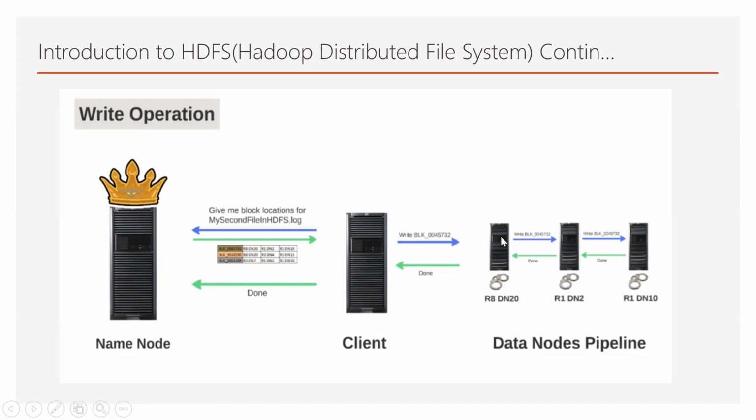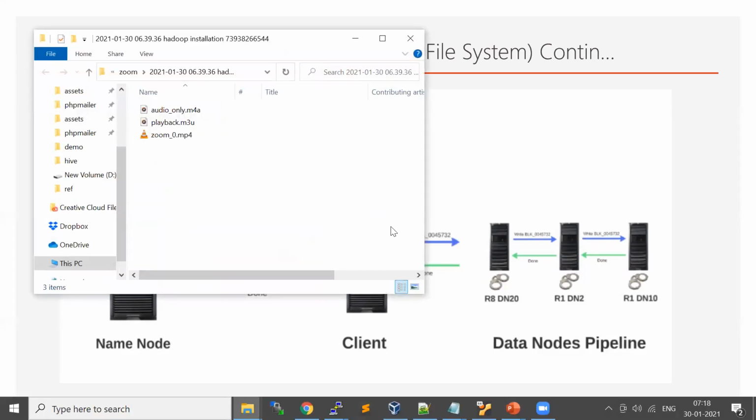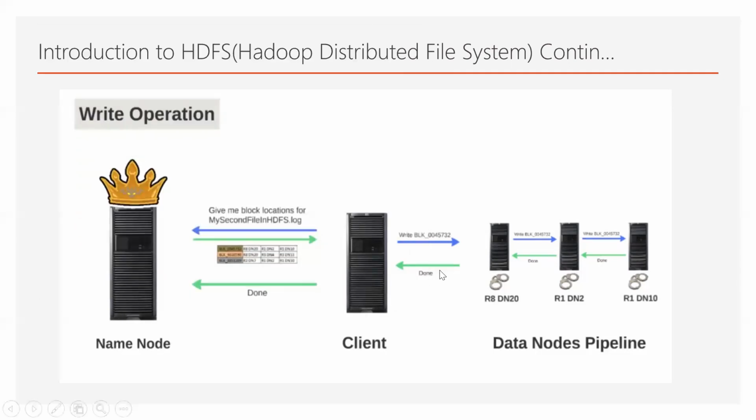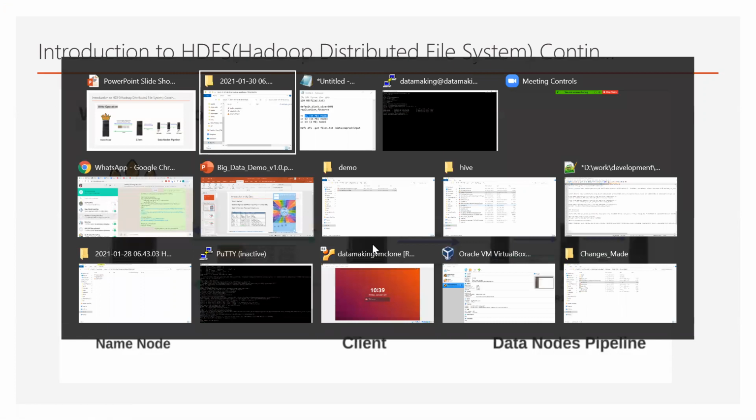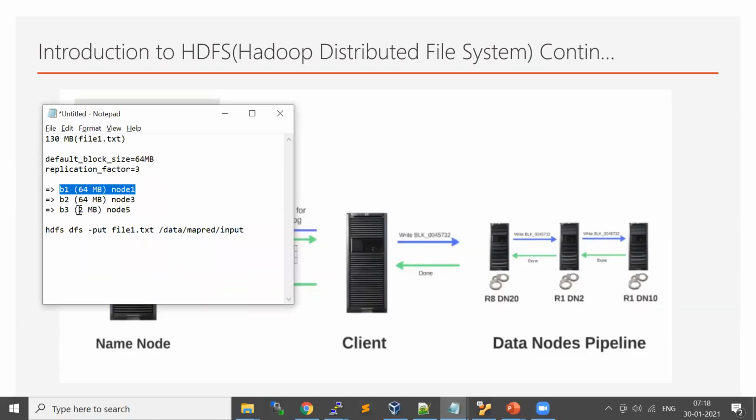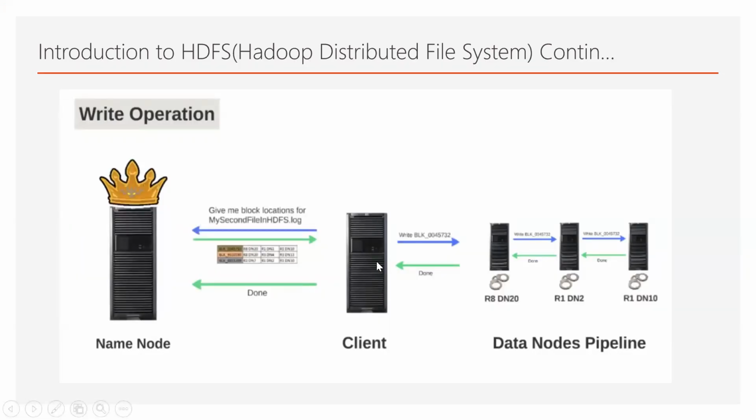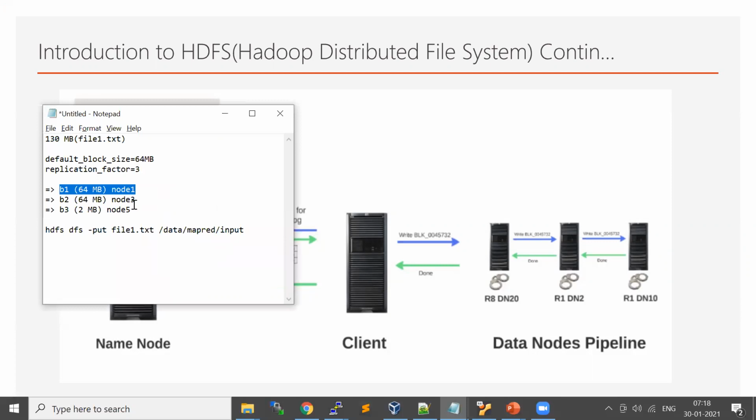Because in HDFS also, the write operation has to run in parallel so that you can store the file in a faster manner. If for this example we need 3 blocks, the client starts pushing the 3 blocks in parallel, from node 1 to 3.